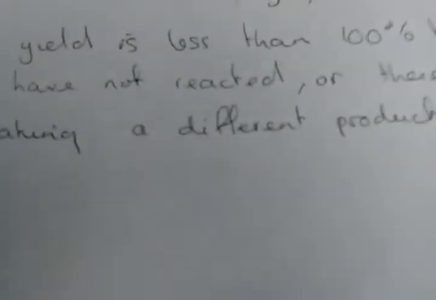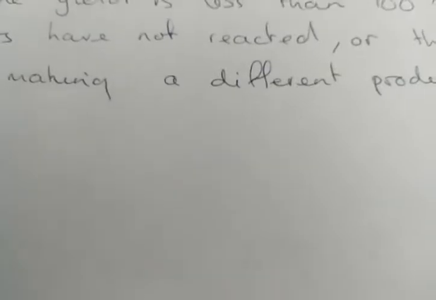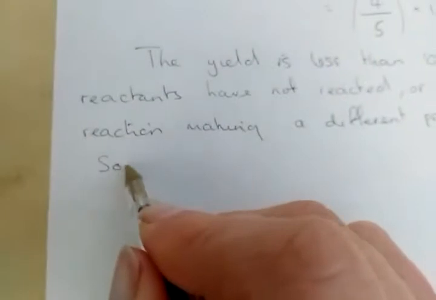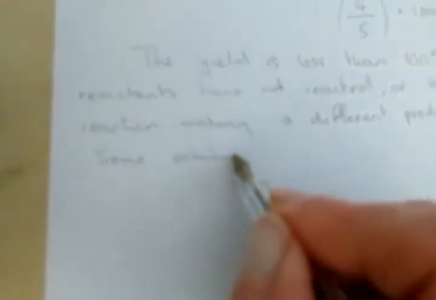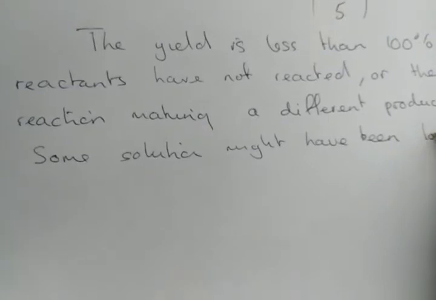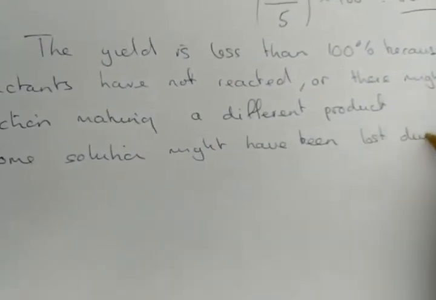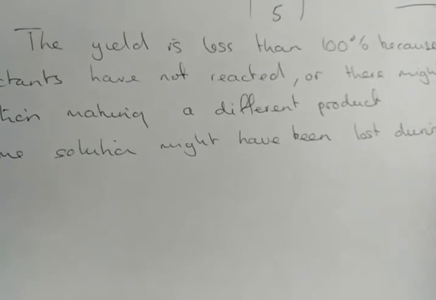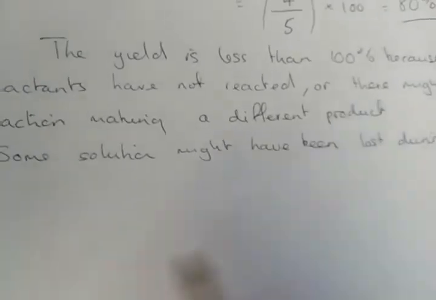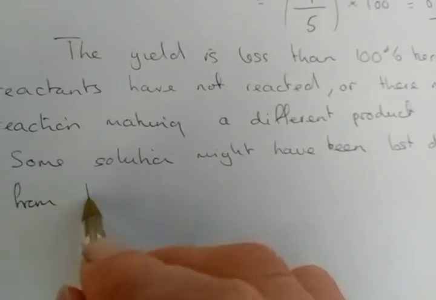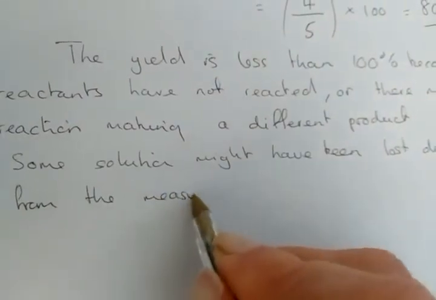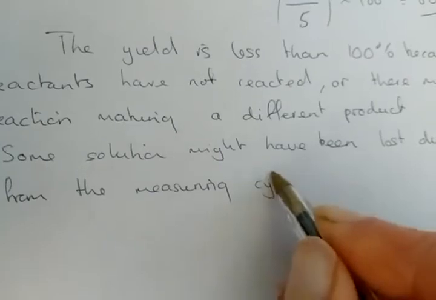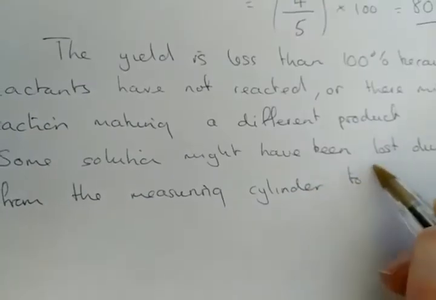Now, if we look back at what we've highlighted, we might have lost some solution. So some solution might have been lost during transfer from the measuring cylinder to the beaker.